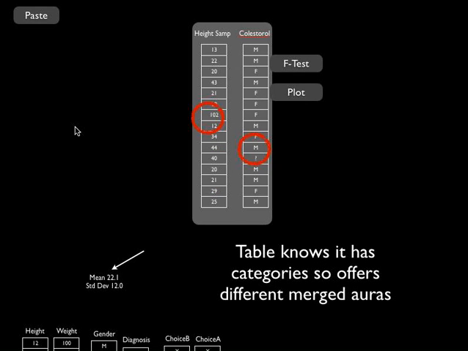Again, the table knows it has categories, so if we have equal lengths of, say, category data male female and height sample data, it then knows that it can deal with that kind of information in a different way. So notice the length of the table actually affects the kind of actions the aura produces.